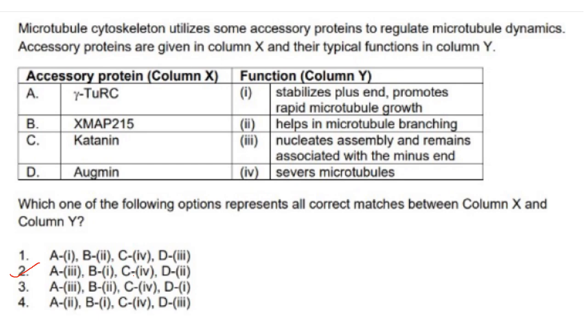B1. Then C, katanin, severs microtubules. And augmin, D2, helps in microtubule branching. Yes, helps in microtubule branching. So the answer here is option 2, that is A3, B1, C4 and D2.